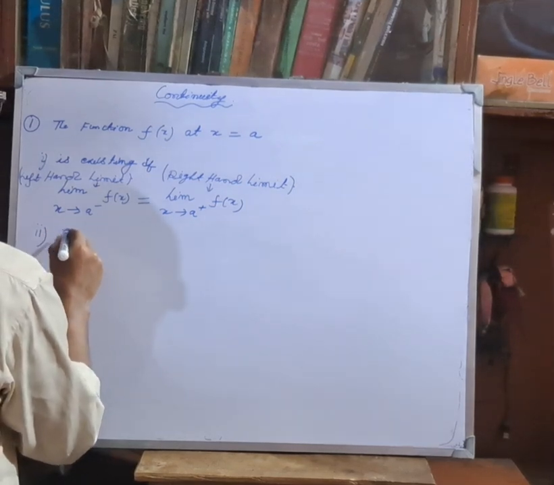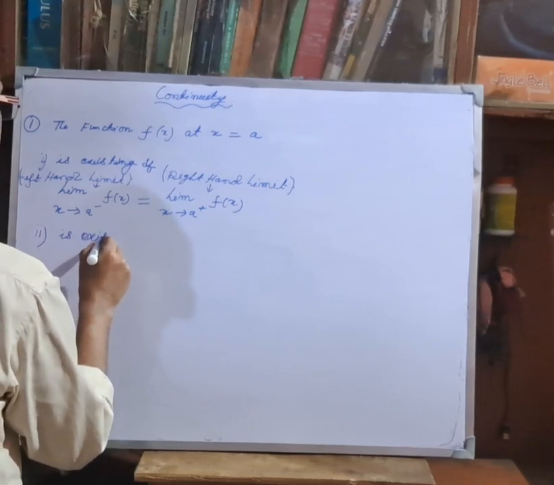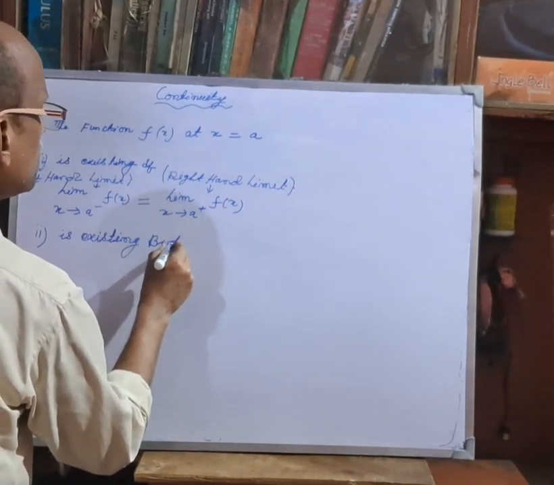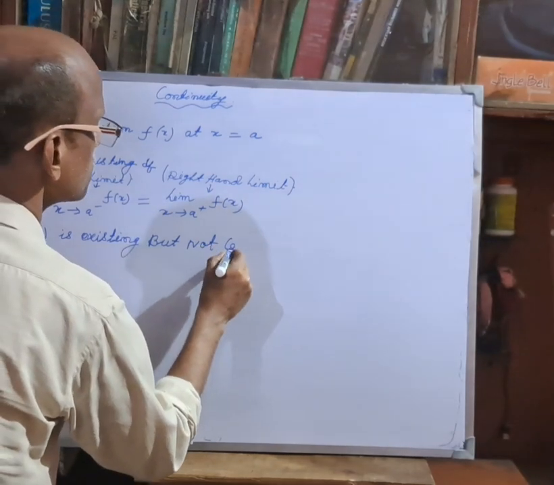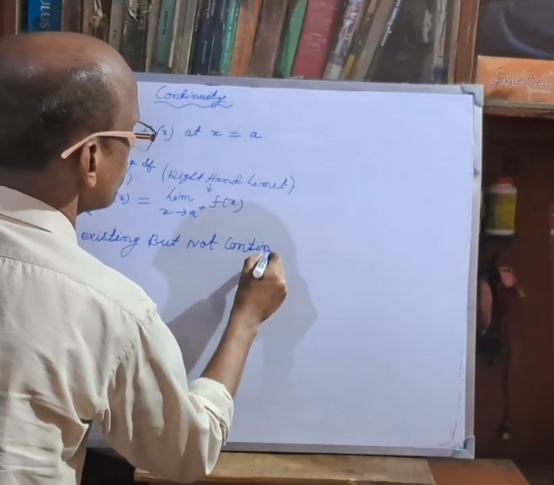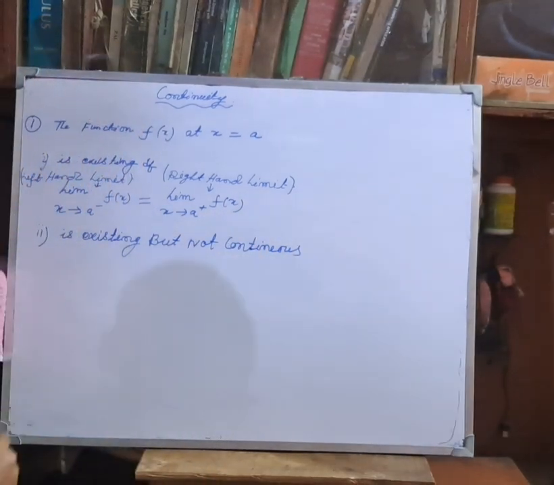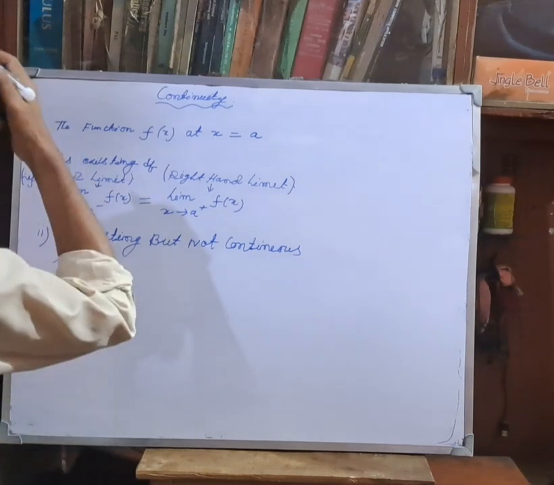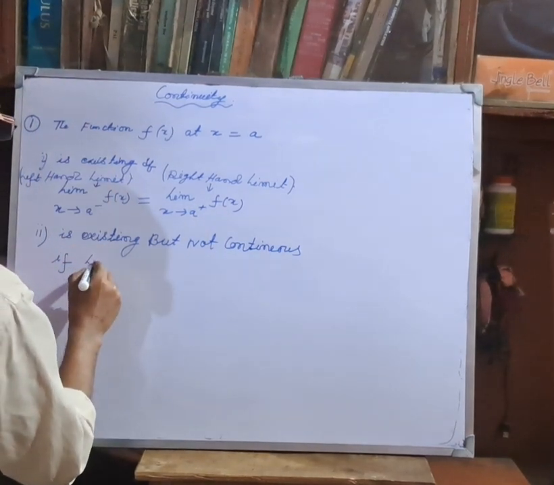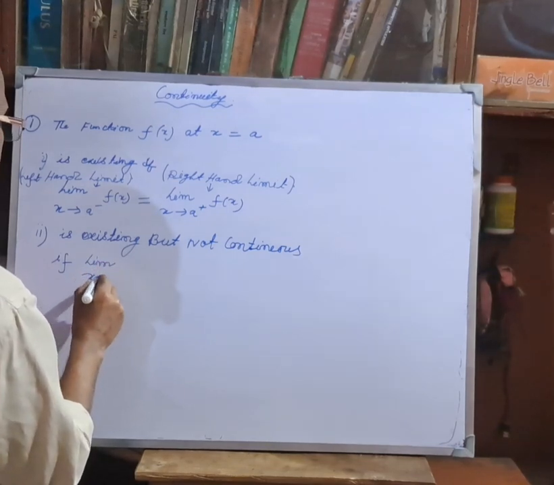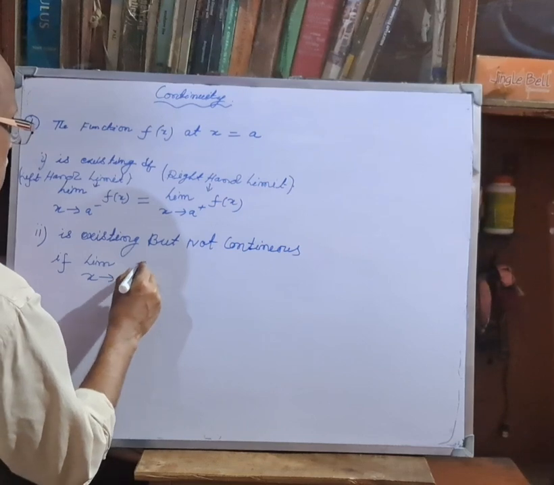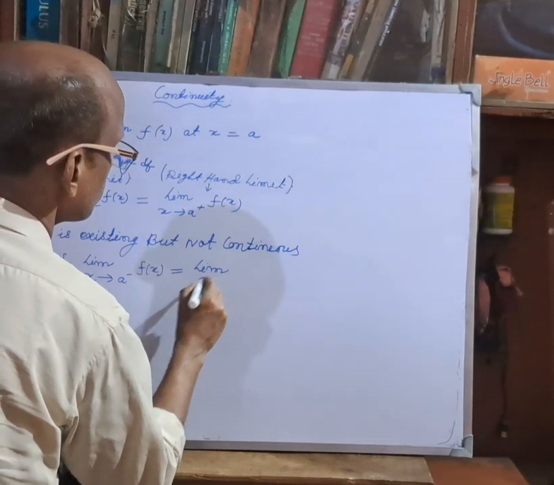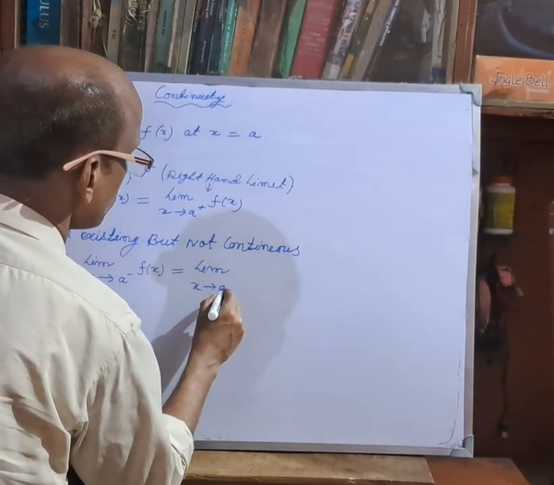Is existing but not continuous if limit x tends to a minus f(x) is equal to limit x tends to a plus f(x).